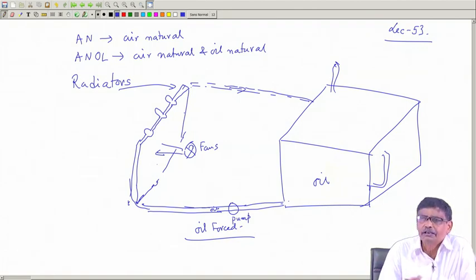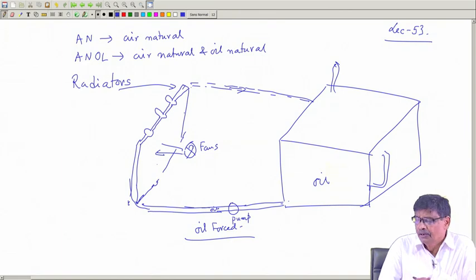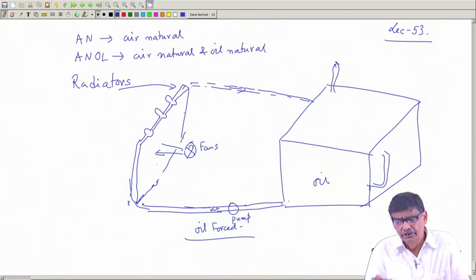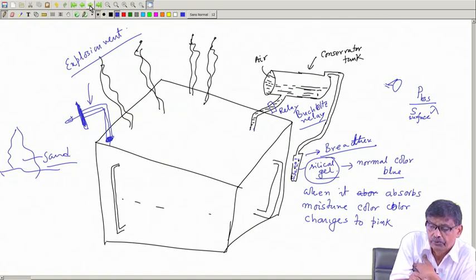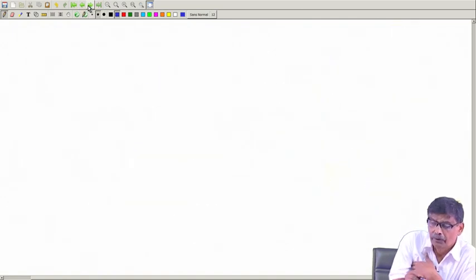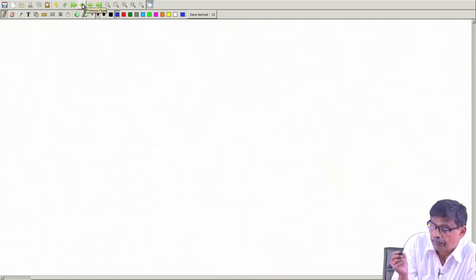For distribution transformer, simple oil; for large transformer, it will be like this, maybe hundreds of MVA transformer, which is housed in power stations. So, this in nutshell about the cooling. Only one thing I will leave it as an exercise to you. What about the output equation of a transformer?